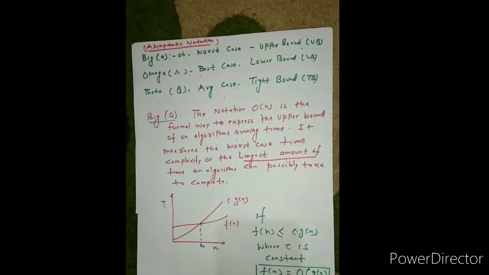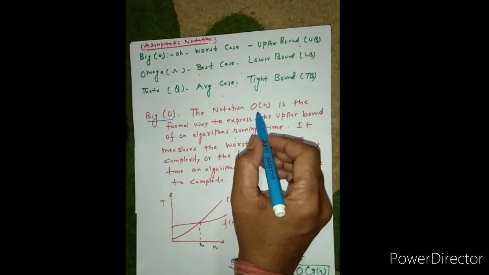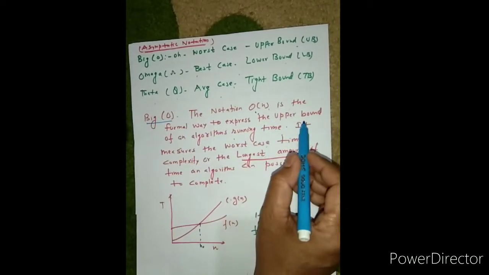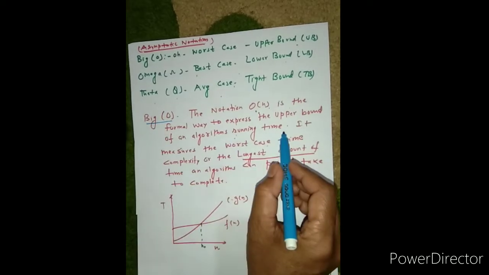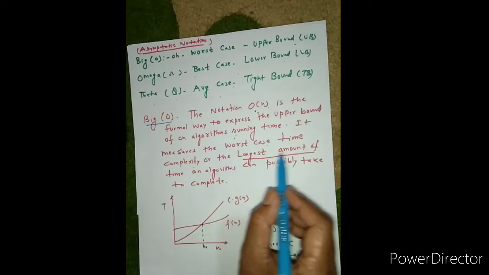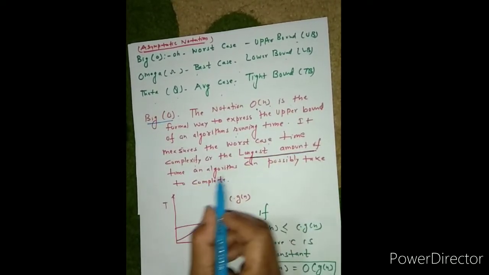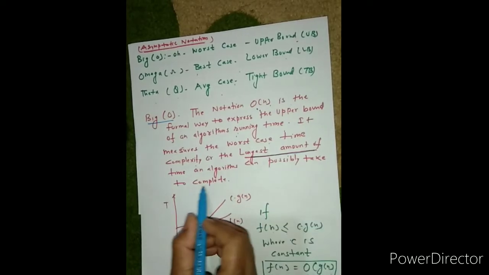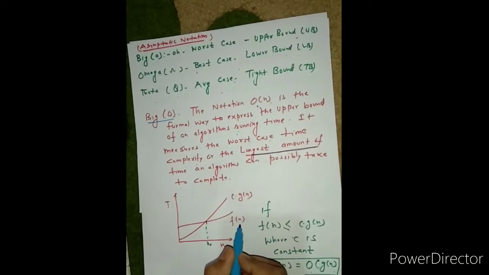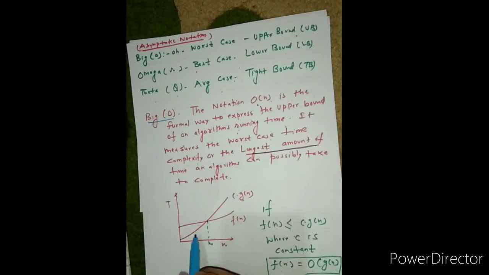In big OH notation, we have to find the upper bound. The notation big OH of n is the formal way to express the upper bound of an algorithm's running time. It measures the worst case time complexity, or the longest amount of time an algorithm can possibly take to complete.